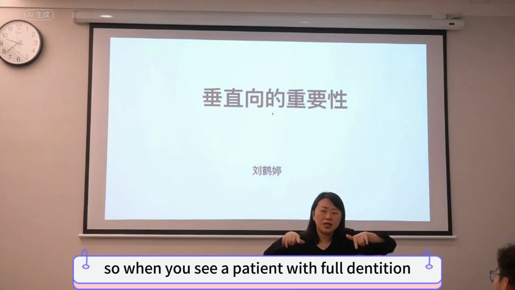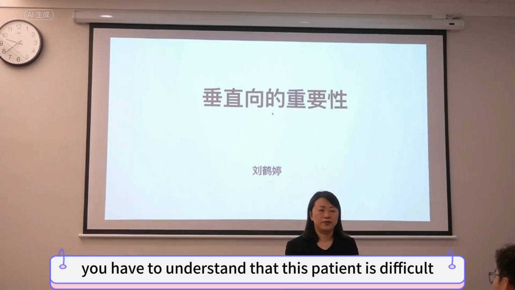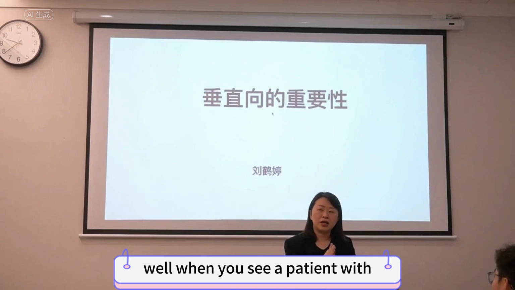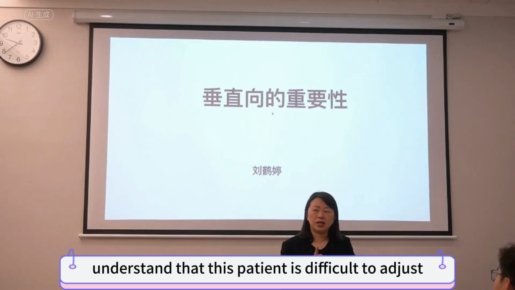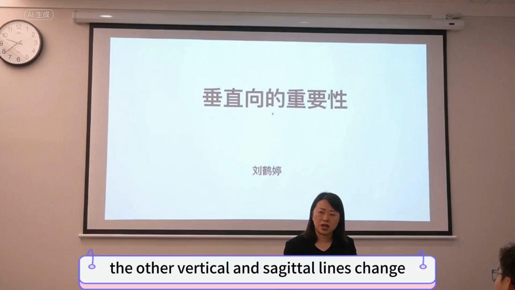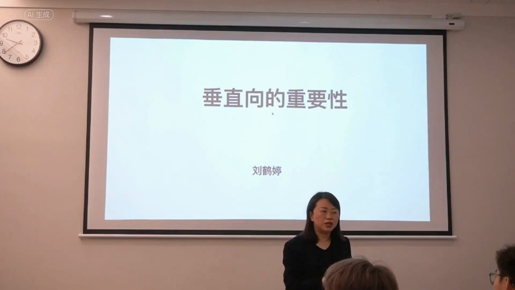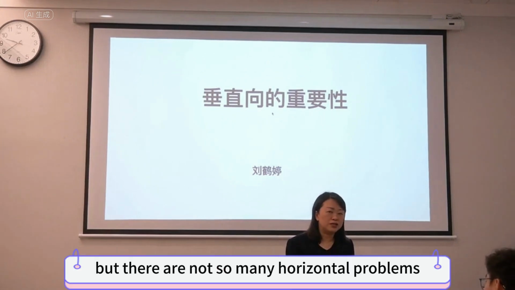So when you see a patient with full dentition, you have to understand that this patient is difficult. When you see a patient with unilateral posterior locking, you have to understand that this patient is difficult to adjust, because when you turn the horizontal, the other vertical and sagittal lines change. Can you understand? So actually the most difficult adjustment in the clinic is the lateral, but there are not so many horizontal problems.